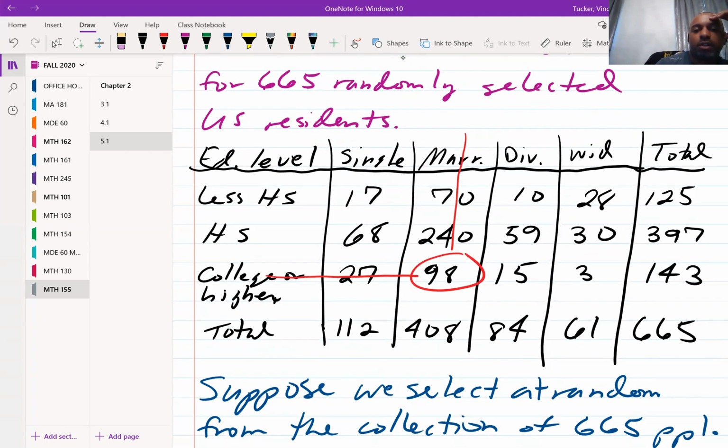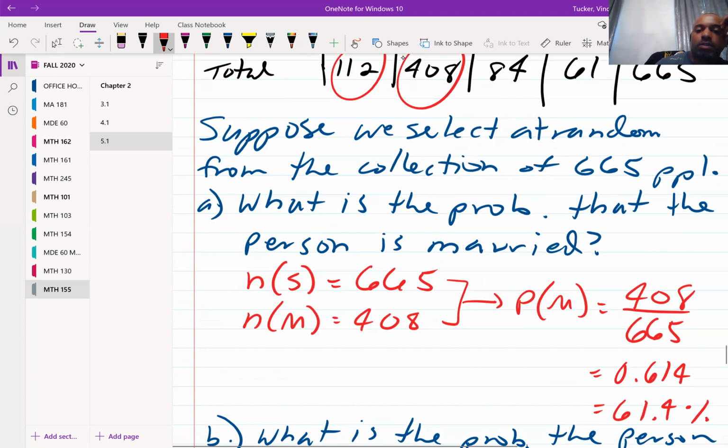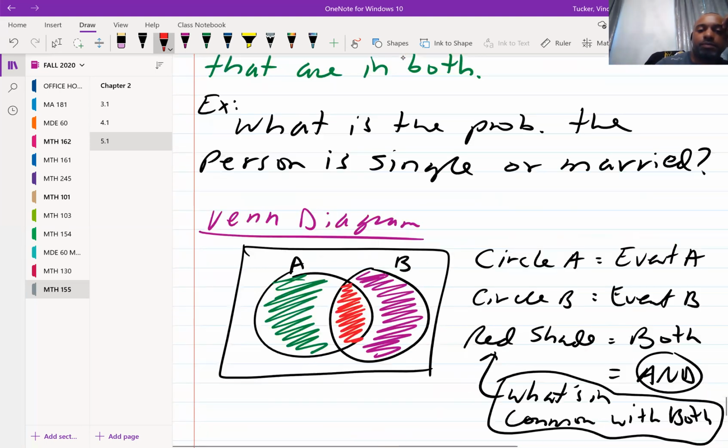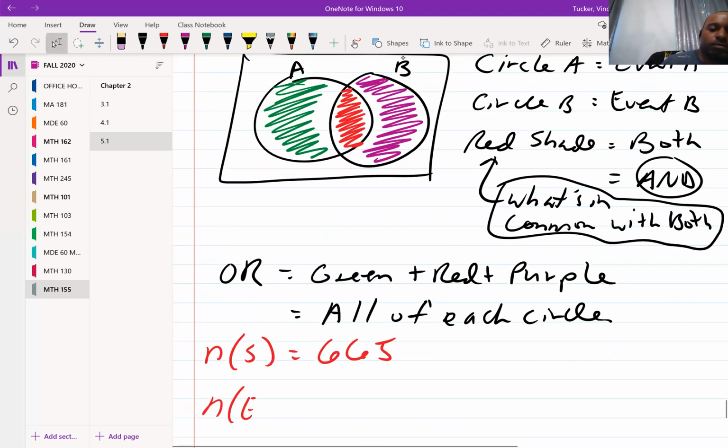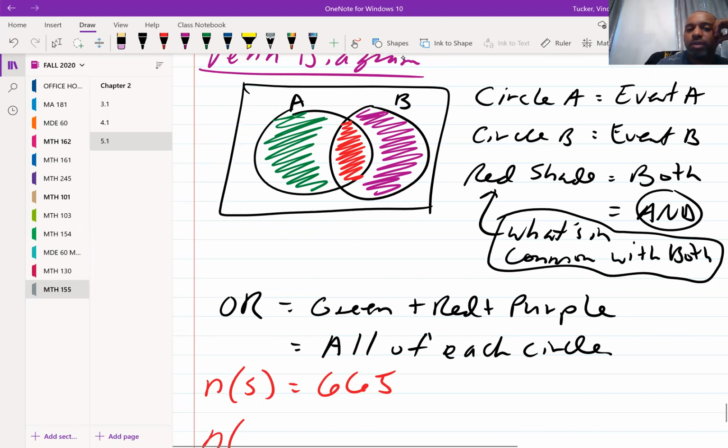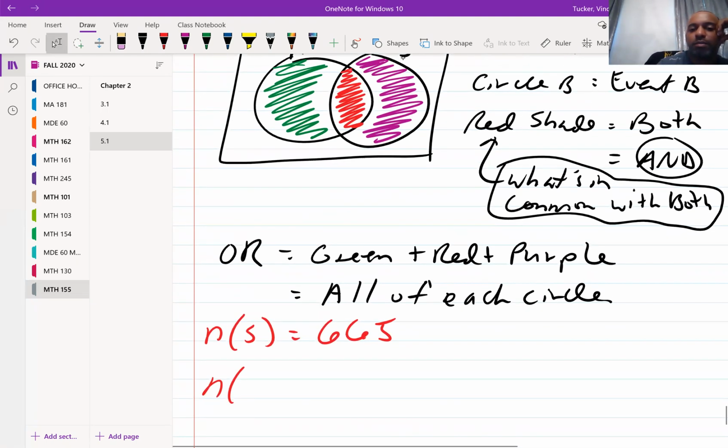So when we go back to our chart, when you talk about being single, the total number of single people is 112. Total number of married people is 408. So we would just add those together. Let me write it like this. We use S for the sample space, looking at being single or married.